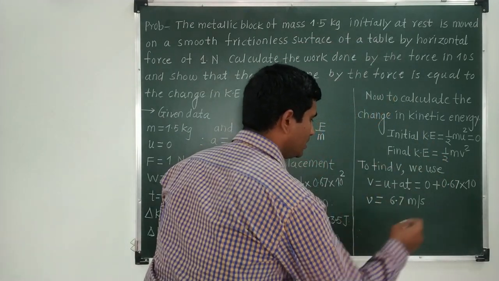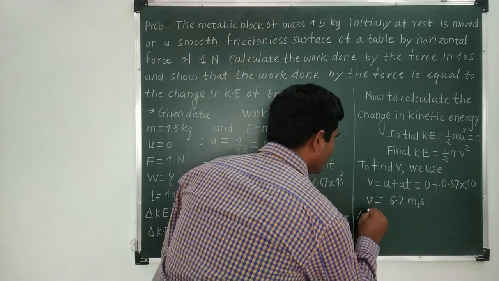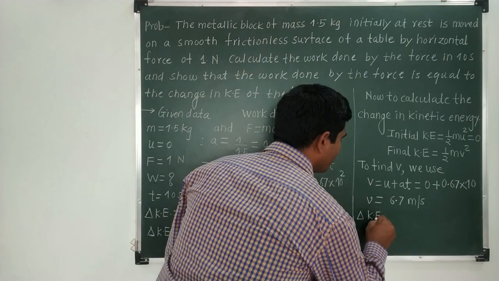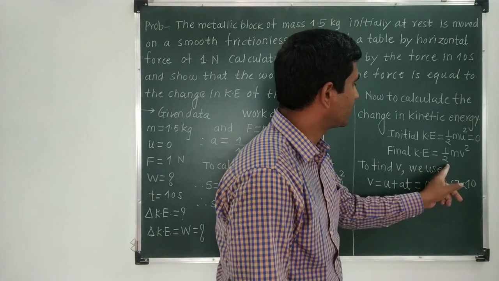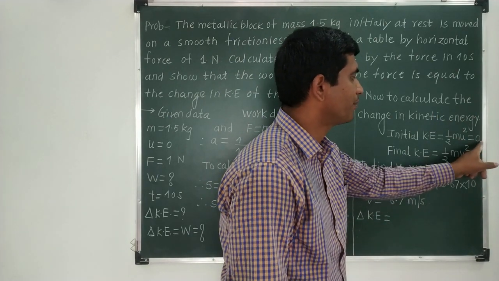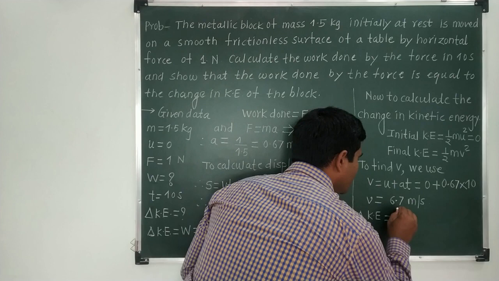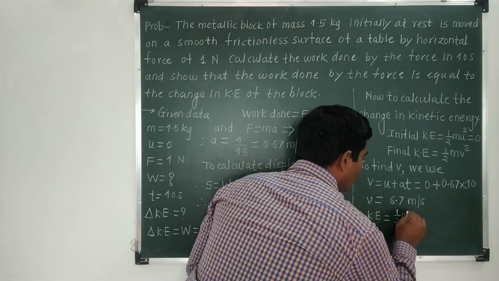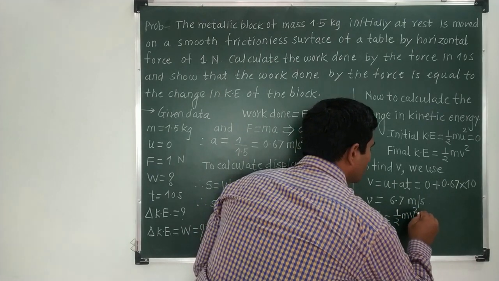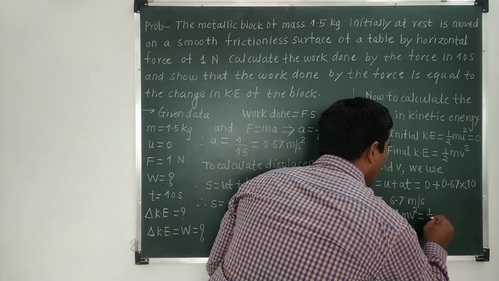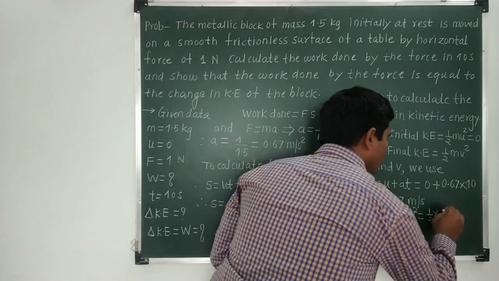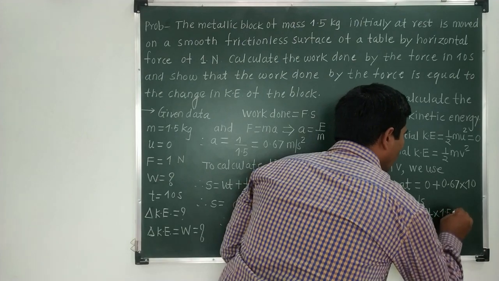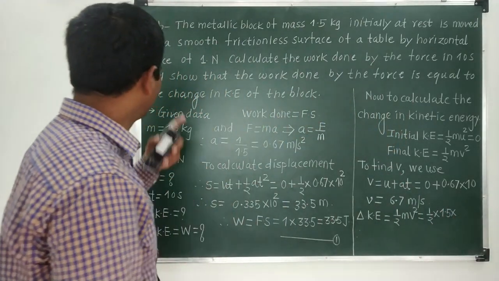Now we will calculate the change in kinetic energy. Change in kinetic energy is nothing but the final kinetic energy minus initial kinetic energy. Final kinetic energy is 1/2 mv square minus 0. So change in kinetic energy is 1/2 mv square, which is equal to 1/2 into the value of m, which is 1.5, into v square.